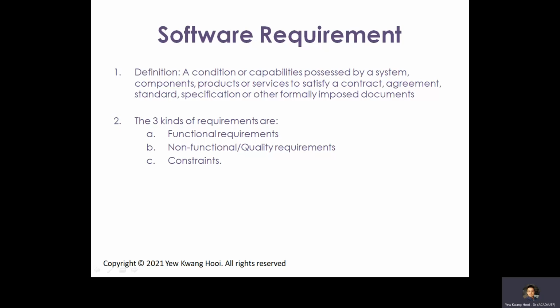The other constraints may be language, such as the need to be bilingual, both in English and Bahasa Melayu, in the system's design. So that is another type of constraint. It's not quality, it's not what the software does, but it's a requirement that constrains how the design will turn out to be like.